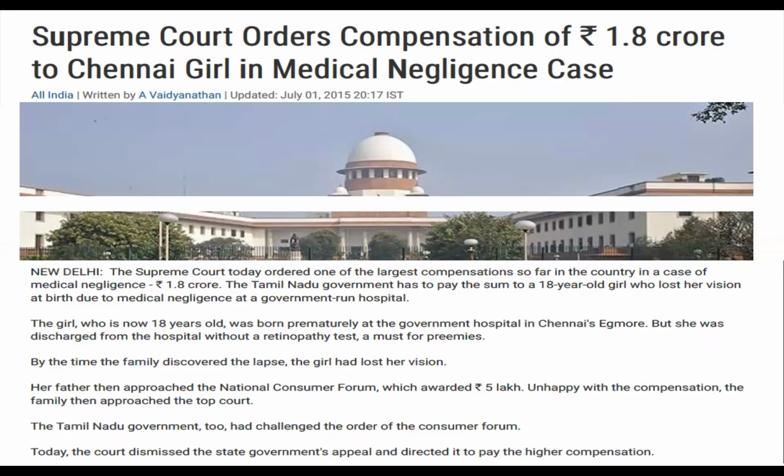So after this judgment, many cases can come up, and that can happen up to 21 years from the birth. So we need to maintain all the data, all the consent forms, all the diagnosis reports, and everything for the babies who have been born premature up to 21 years to prevent the chances of medical negligence against us.